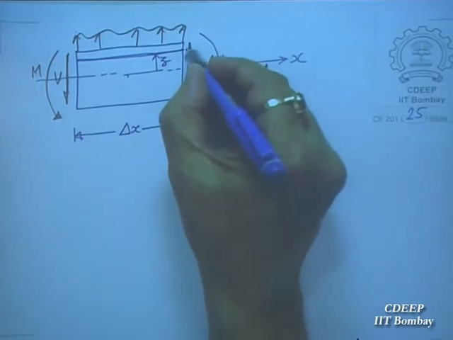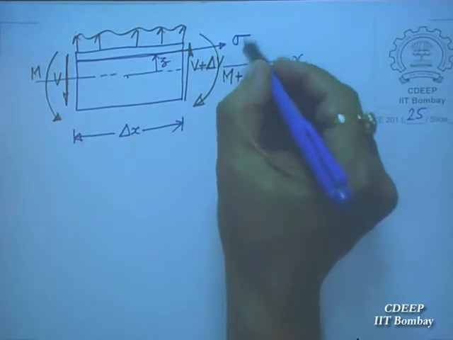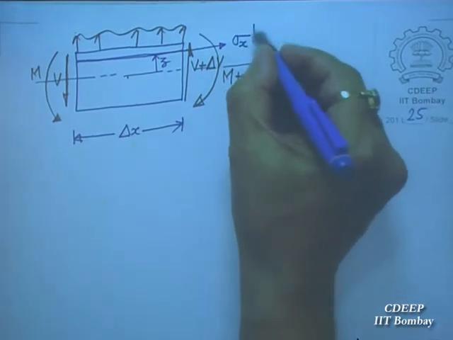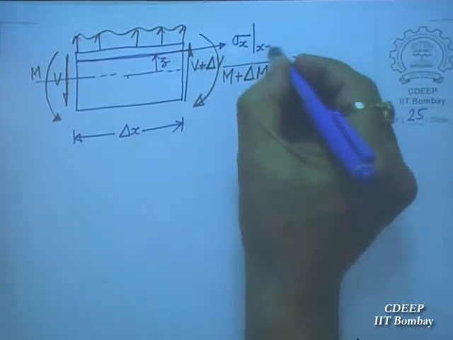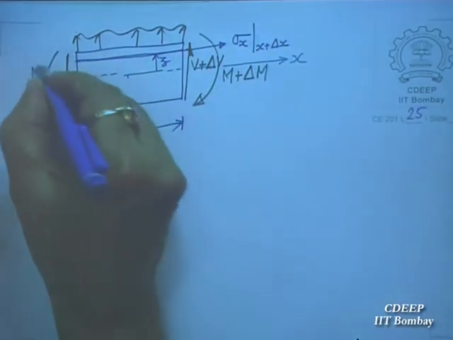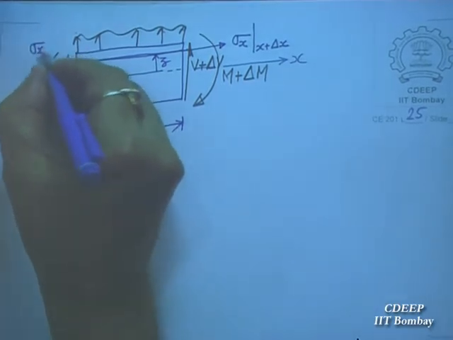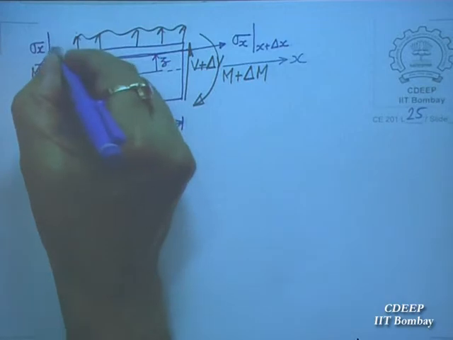So here this will be some sigma x at x plus delta x. Here will be sigma x, and this will be at x.